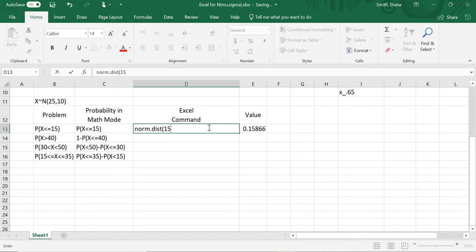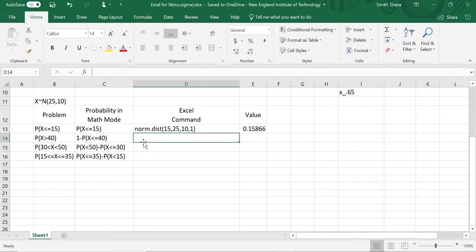So it was norm.dist, the x value, the mean, the standard deviation, and then a 1. So you have to include in here what the mean and standard deviation are. So those are going kind of in the middle. For the probability that x is greater than 40, we're going to have 1 minus norm.dist, my value, my mean, my standard deviation, and then 1.